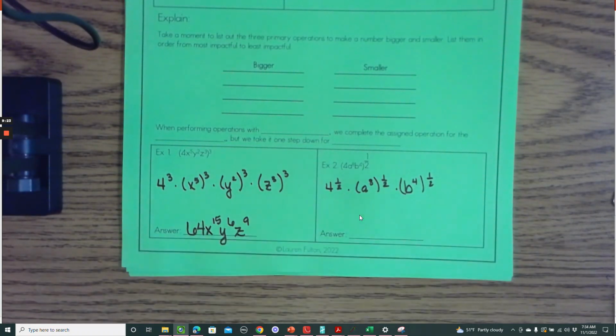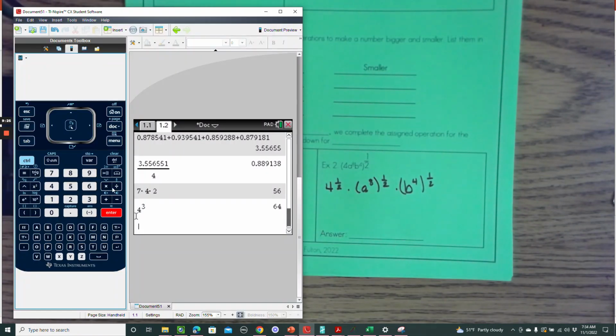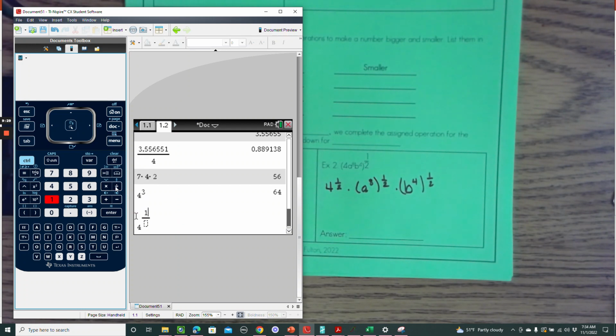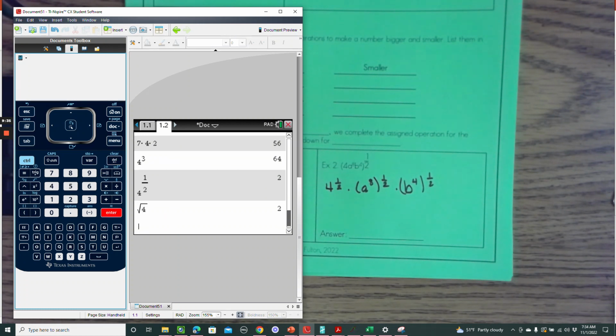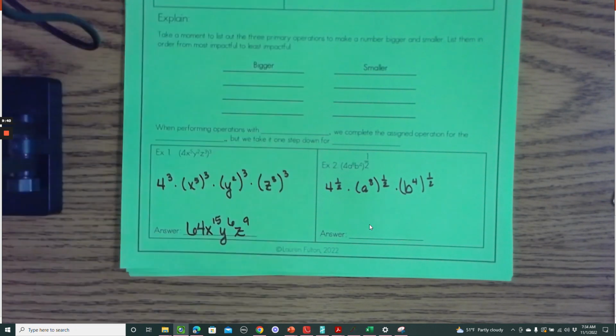So 4 to the 1/2 power. So I'm going to show you in the calculator. 4 to the 1/2 power is the same as square rooting it. Okay, raising something to a 1/2 power is the same as square rooting it.